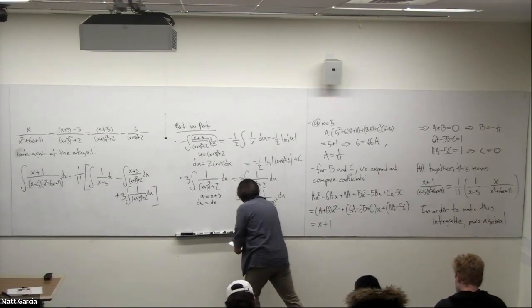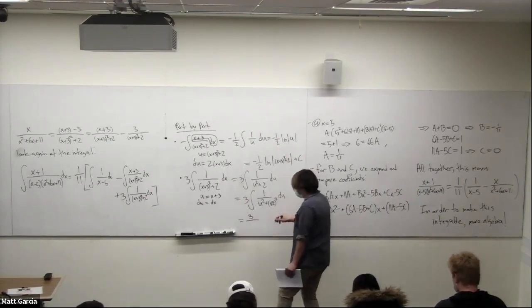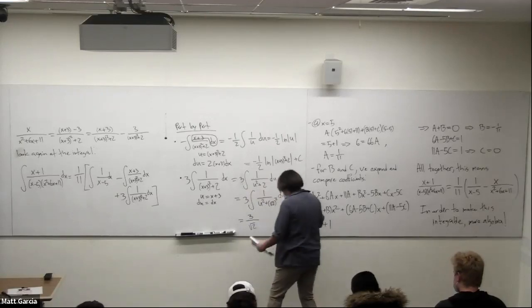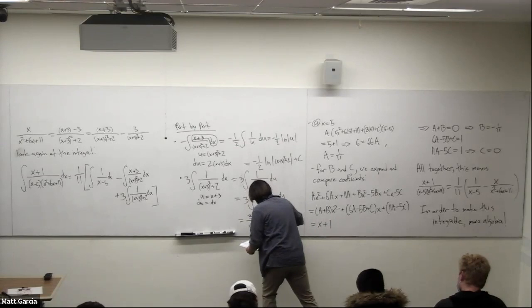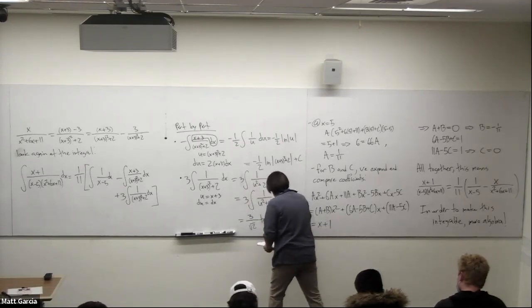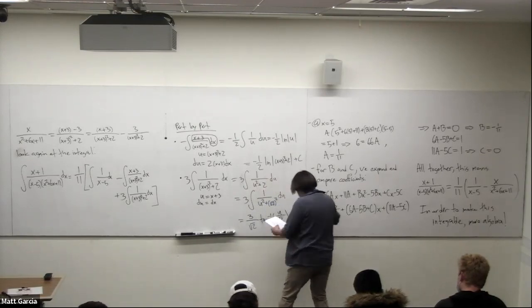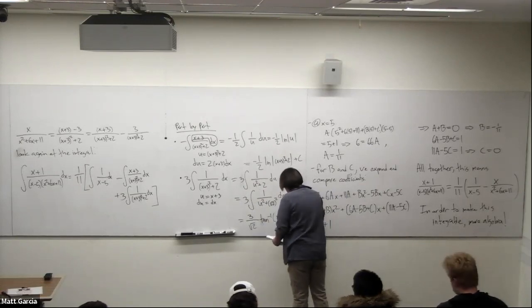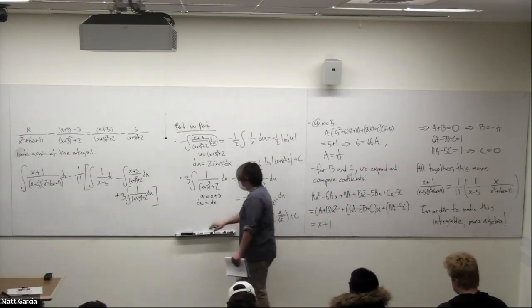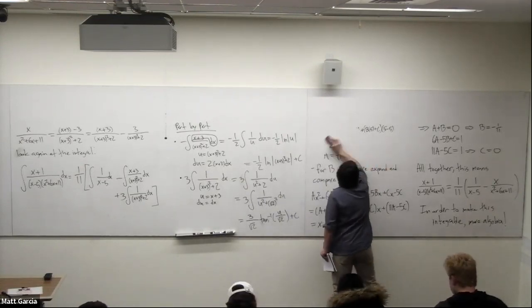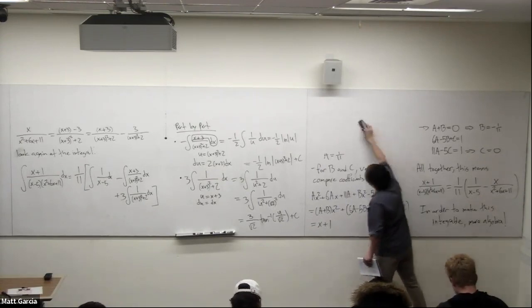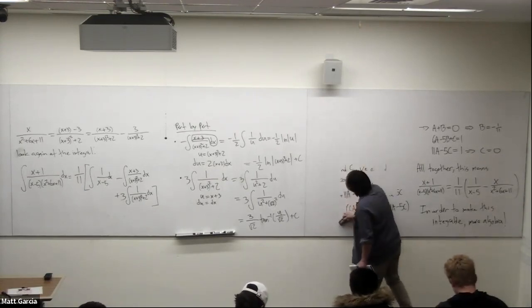We get 3 divided by A, this number squared, root 2, times inverse tangent of u divided by A, the number that we were squaring, plus C. Of course, as I just said, for our last component, we want our answer to be in terms of x. So I'll substitute u back in.